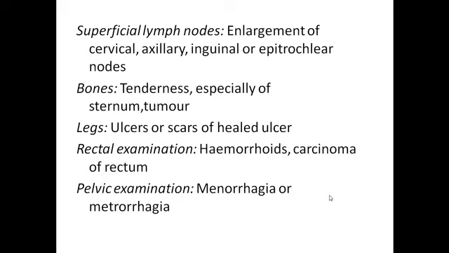Bone tenderness may be positive in case of leukemia. Leg ulcer, rectal examination, hemorrhoid or carcinoma are very important. A patient comes to you complaining of hemorrhoids or rectal bleeding, later you will find him anemic, so you have to evaluate the patient thoroughly.